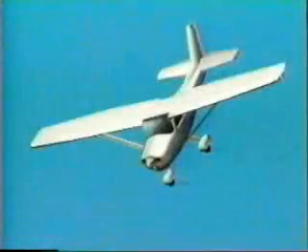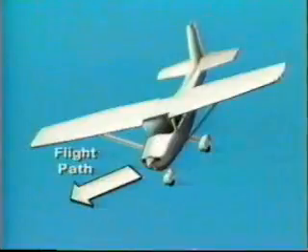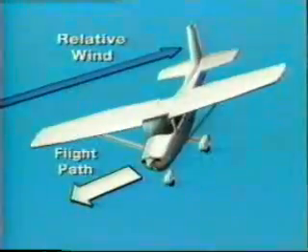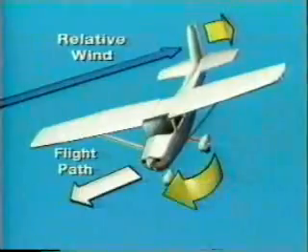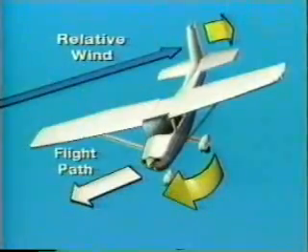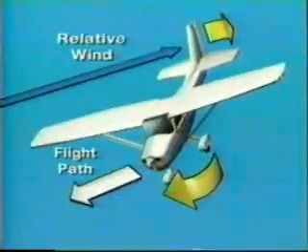If the yaw is allowed to continue, the airplane slips toward the low wing. As it does, the air hitting the side of the fuselage, the vertical fin, and other vertical surfaces tends to weather vane the aircraft into the relative wind. This accounts for the continuing yaw which is present in a spin.